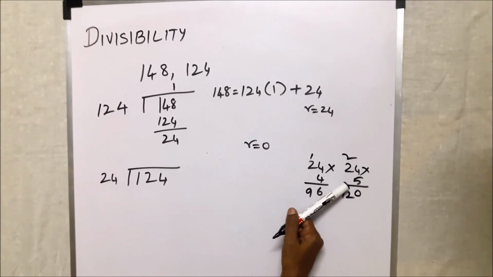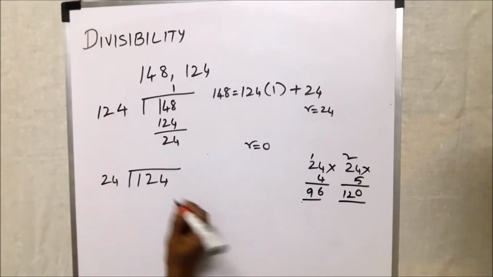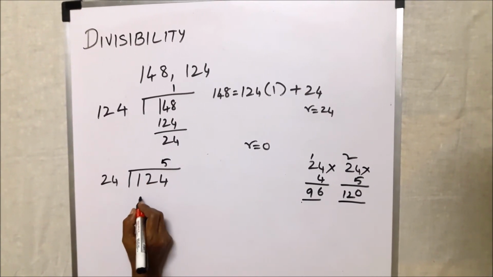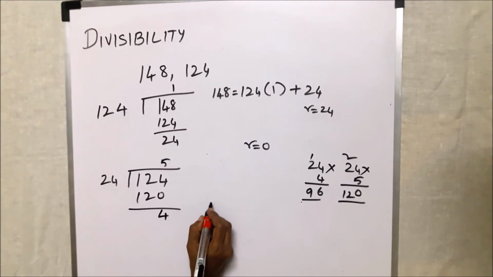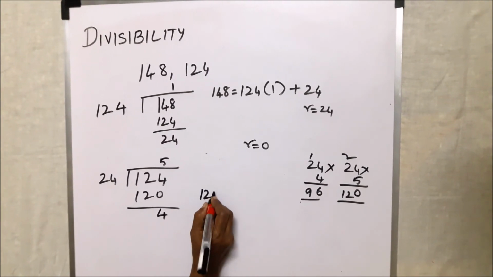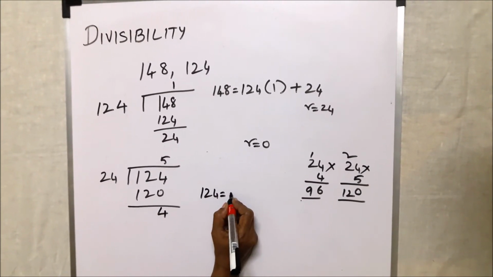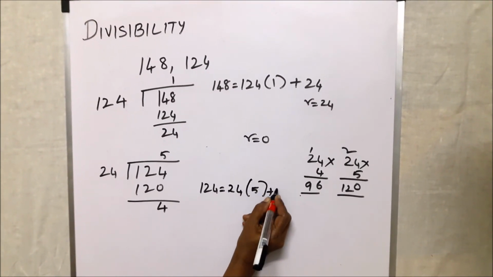We will consider 5 times, 120. The remainder is 4. So as per Euclid's division lemma, we can rewrite 124 as 24 into 5 plus the remainder 4.